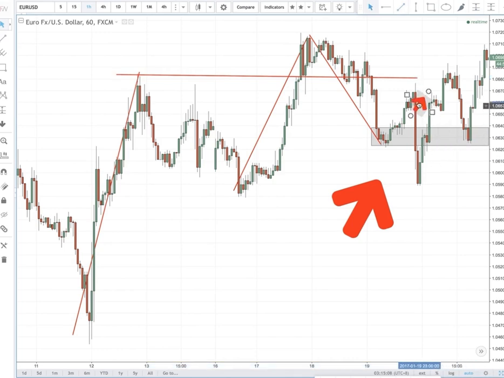So all eyeballs are supposed to be here to see, am I going to get a higher high or am I going to get a whole V formation coming in? So spikes can be expected considering my higher high didn't happen. Now it might be like, whoa, eagle eyes, bird's eye view. How can you even spot that on the live market?